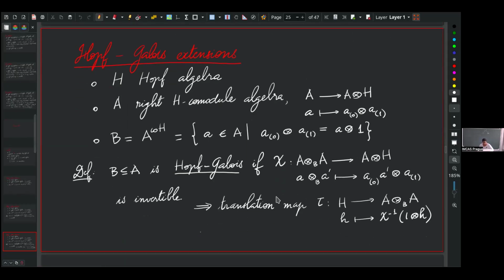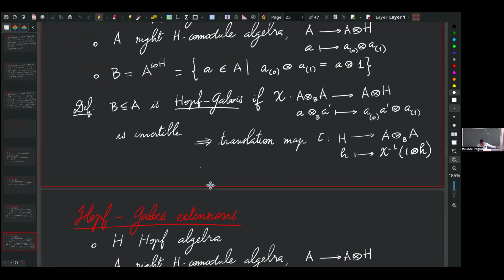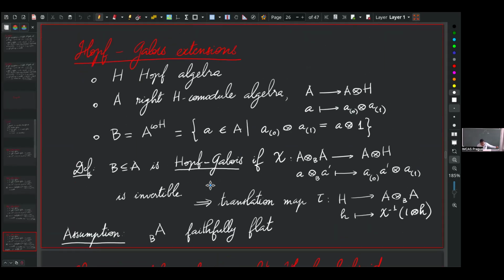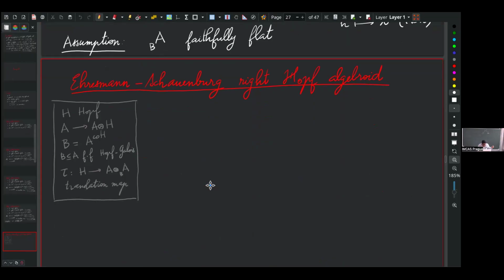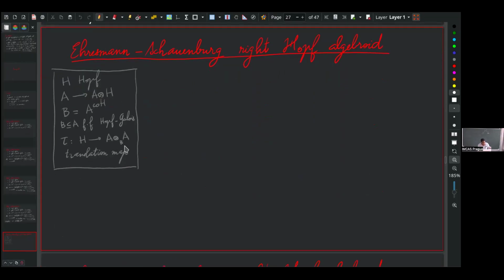Once we have this invertible map, then just like for the Galois map of Hopf algebroids, we can also define a translation map, which here goes from H to A tensor over B of A. We also need to make one additional assumption: that A is faithfully flat over B, in order to get nice properties for these objects.